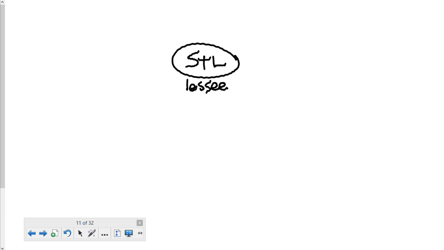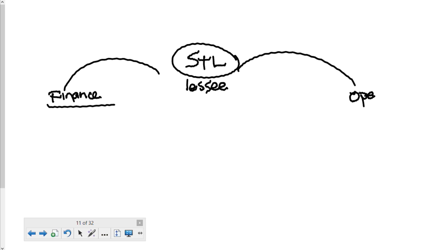It's fine, isn't it? So what do we have? We have an operating sale and leaseback. Let's do a finance one first. Sorry, finance ones are easier. I have a finance sale and leaseback, and I have an operating sale and leaseback. I'm going to do the finance one first. Finance sale and leasebacks are not a sale.